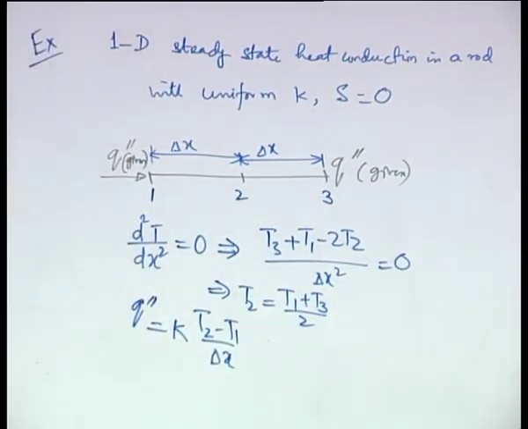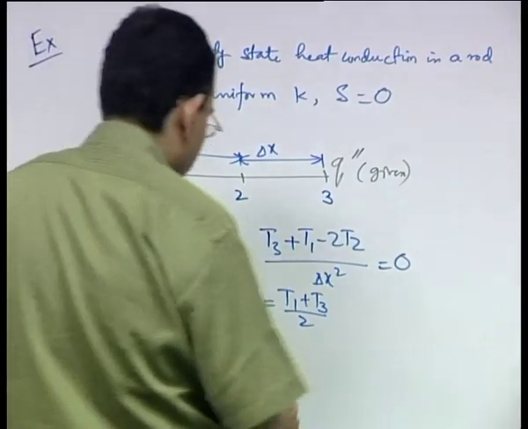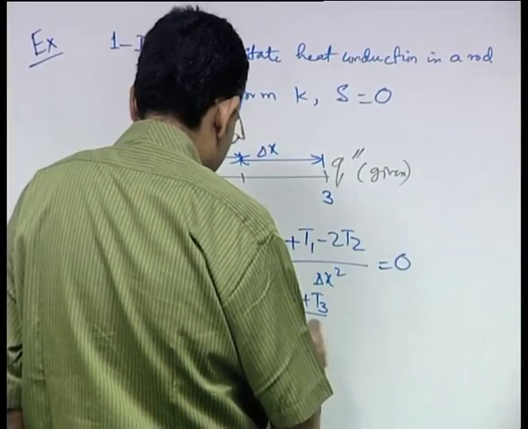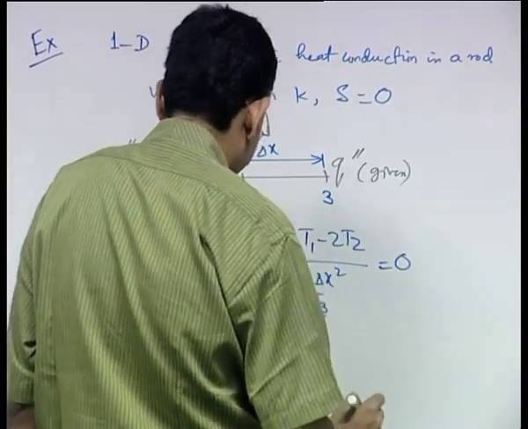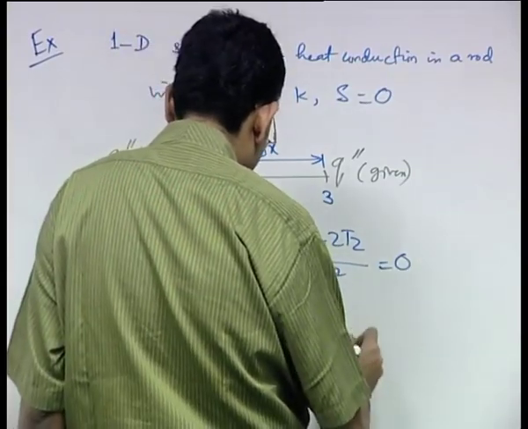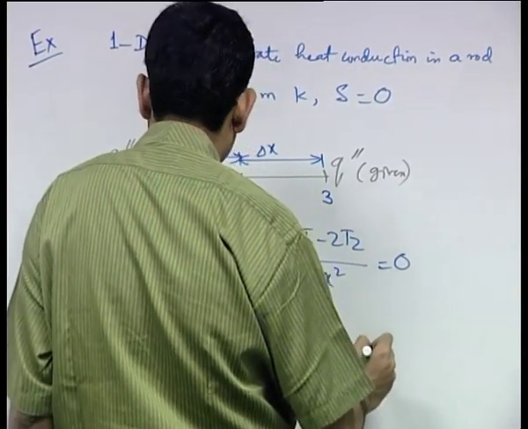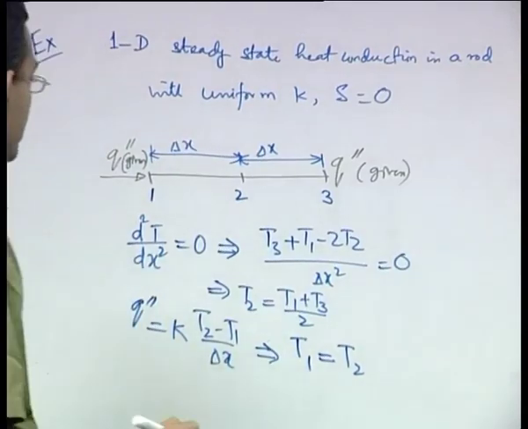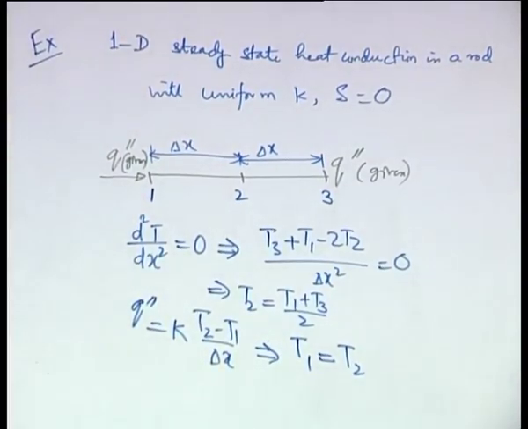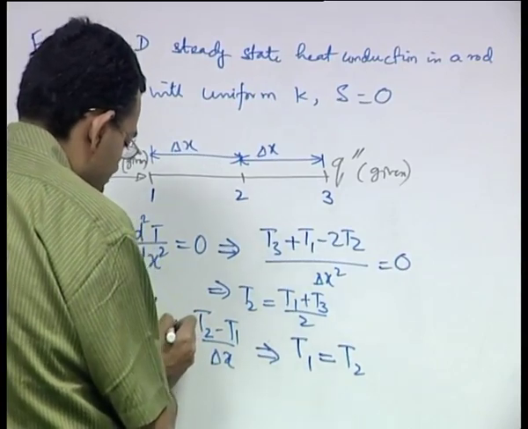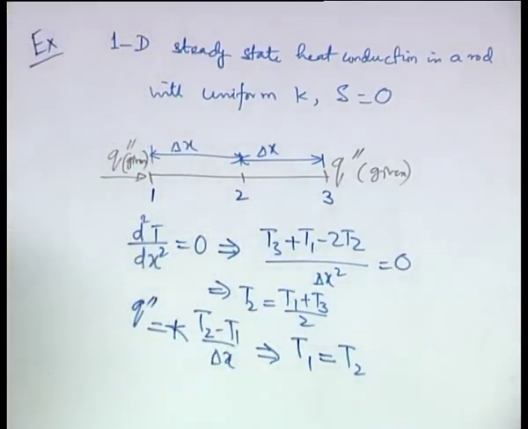So, we have, sorry, (T1 minus T2) by delta x, we can write a minus sign here, minus k into dT/dx.